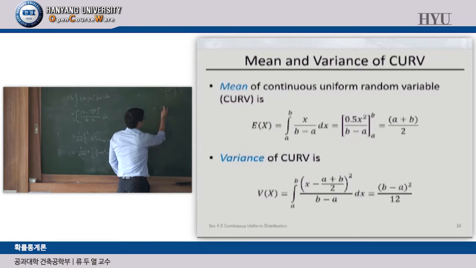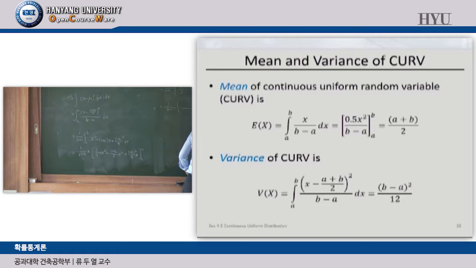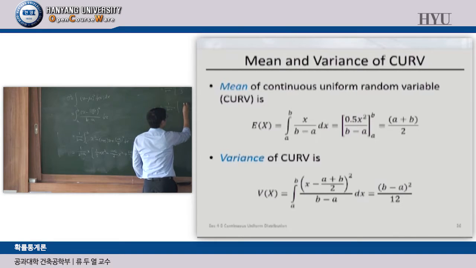And this can be rewritten as 1 over b minus a, right? That is 4 b to the third power minus 6 a b squared minus 6 b to the third power, right?